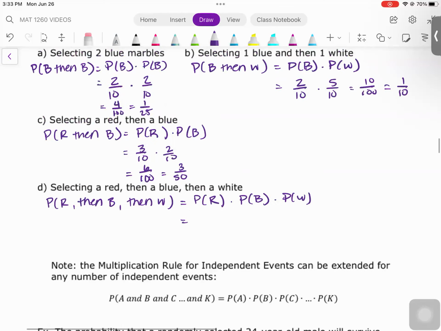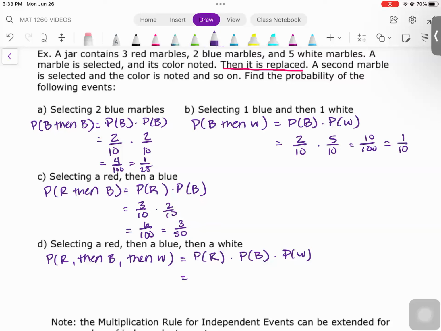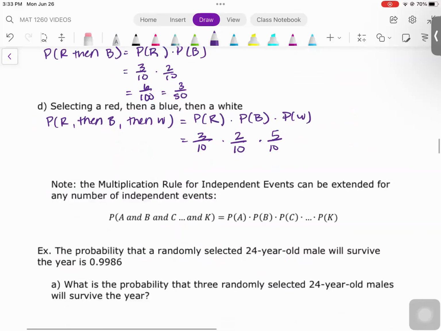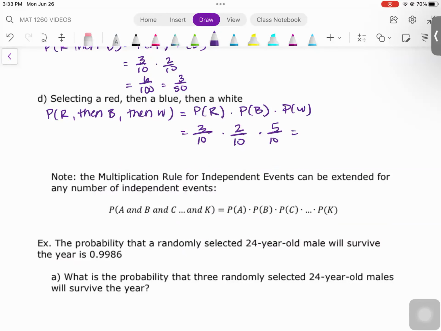There are 3 red marbles, so the probability of red is 3 over 10. There are 2 blue marbles, so the probability of blue is 2 out of 10. And there are 5 white marbles, so the probability of white would be 5 out of 10. Multiplying across, we get 30 divided by 1,000, or 3 over 100.